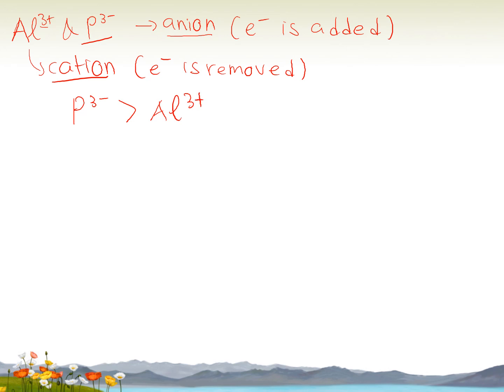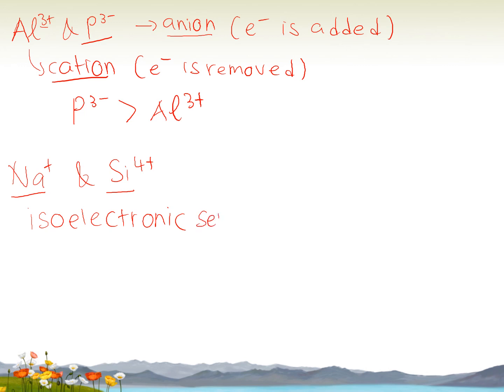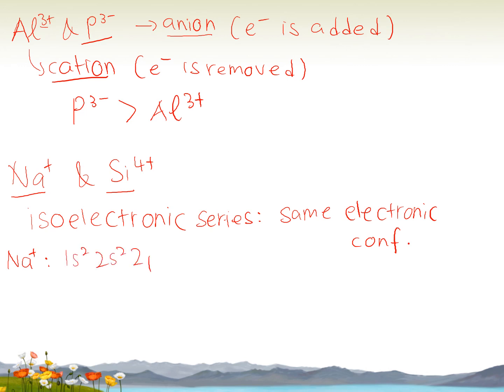The next question is between Na+ and Si4+. Both ions are in an isoelectronic series. What do we mean by isoelectronic series? It has the same electronic configuration. As you can see, Na+ is 1s2, 2s2, 2p6.